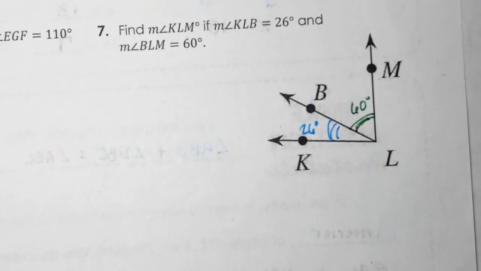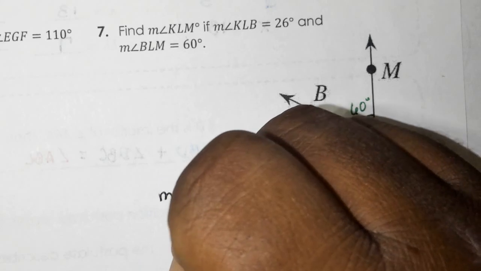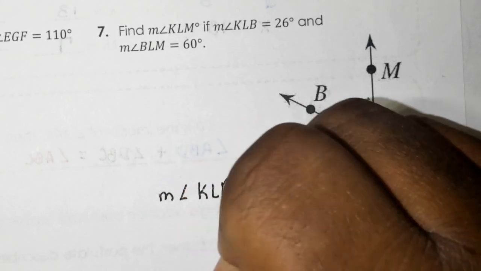I don't know why we made this last problem, because it's super easy to do. But yeah, find the measure of angle KLM. Definitely not doing that one with you.